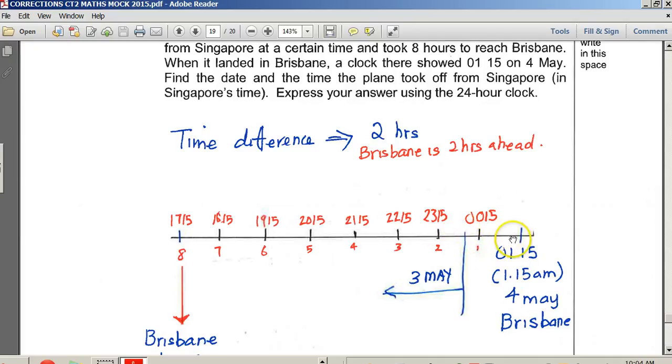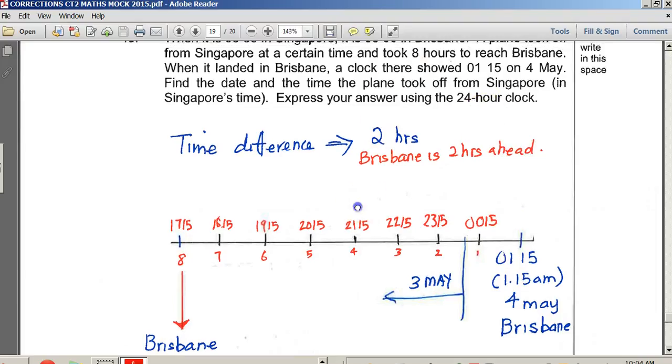If this is 4th of May, moving back 1 or 2 hours after 1 a.m. gives the PM of the previous day, which is 3rd of May. Note this: the flight from Singapore to Brisbane was on 3rd of May. But the time is yet to be found.